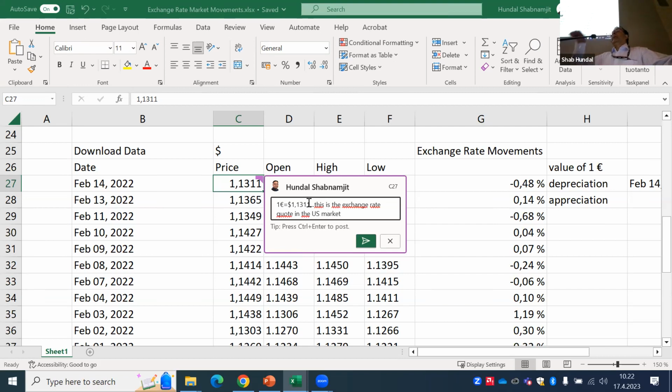If it has to be a quote in the European market, then on the left side, it should be $1 equal to so many units of euro. Because so many units of euro means how many euros do you pay to buy $1 American? Well, we use the euros to make a payment only in the Eurozone.